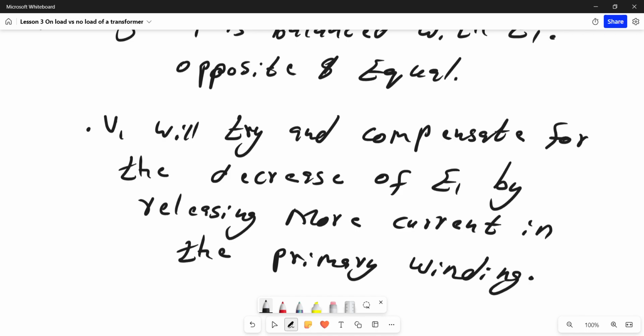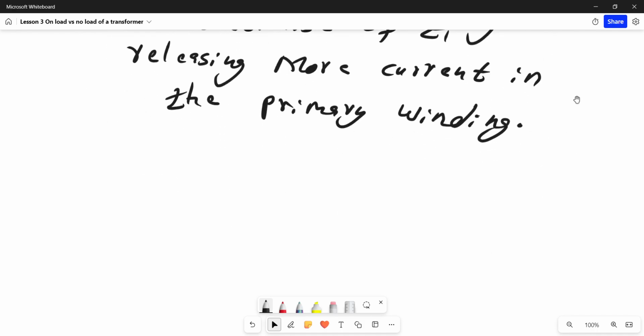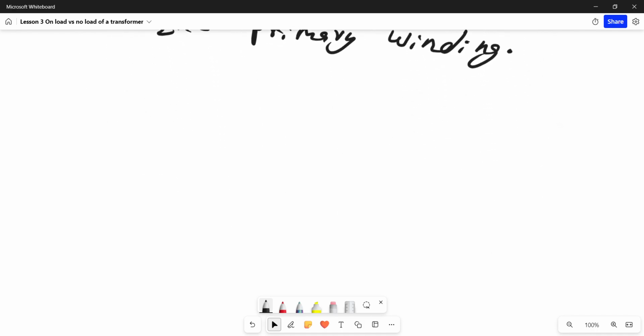So V1 will try and compensate for the decrease of E1 by releasing more current in the primary winding. I'll explain this.